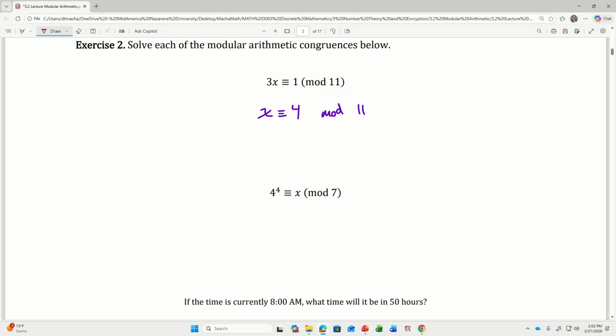What is 4 raised to the power 4 congruent to mod 7? What's the least positive integer congruent to 4 to the power 4? And by the way, don't use a calculator when you answer these questions. If you have to use a calculator, then you're probably doing it wrong.